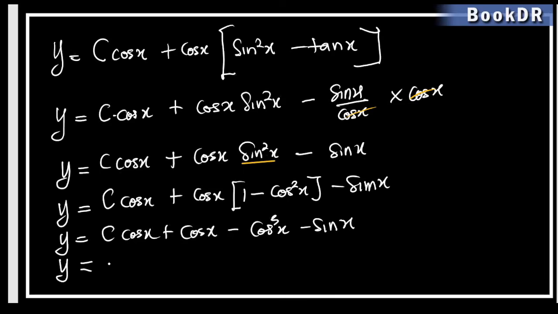We can factorize cos x out. So c plus 1 cos x minus cos cubed x minus sin x.